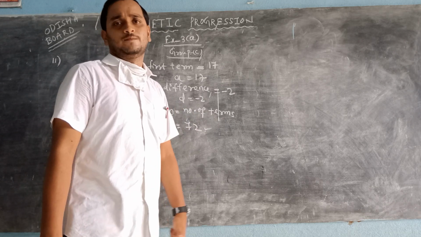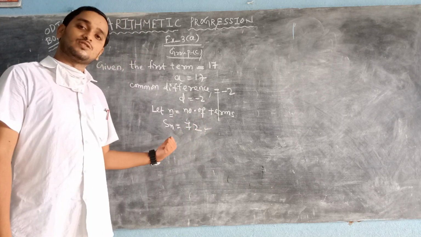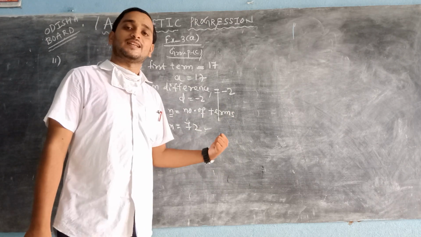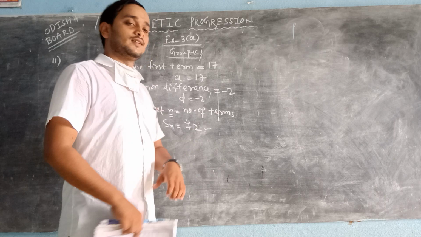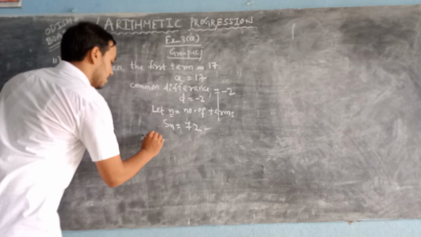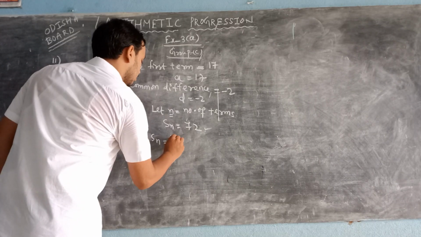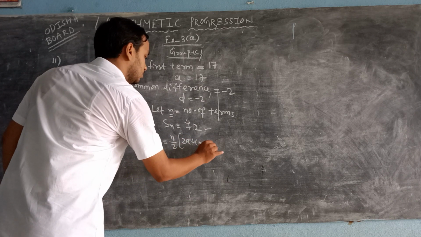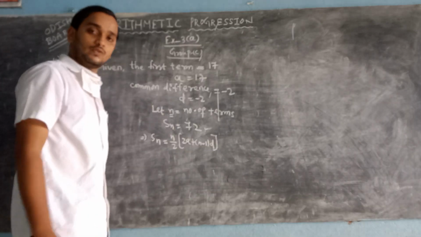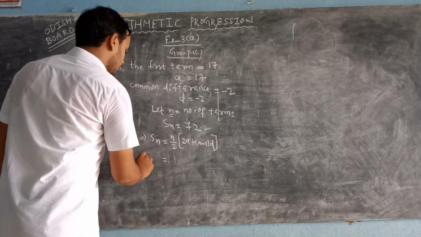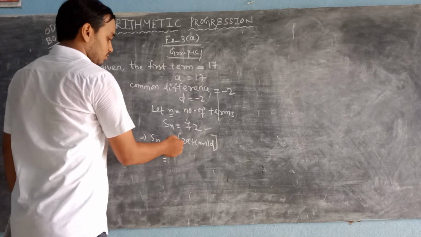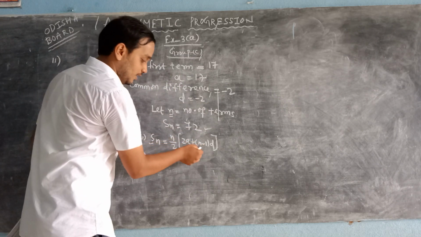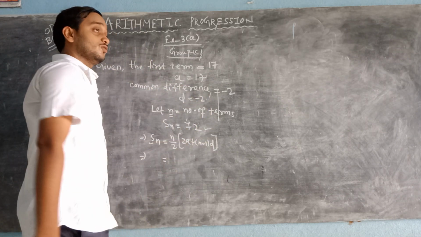We know the formula: Sn is equal to n/2 into [2a + (n - 1)d]. Let's write it separately. Now we know Sn is 72. We don't know n. a is given as 17, and d is given as -2.